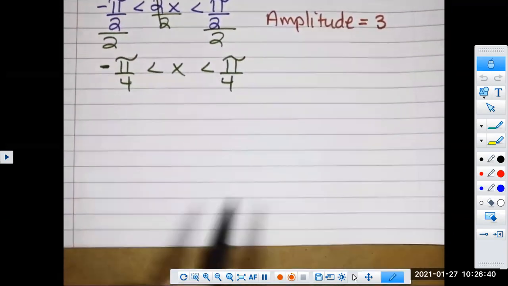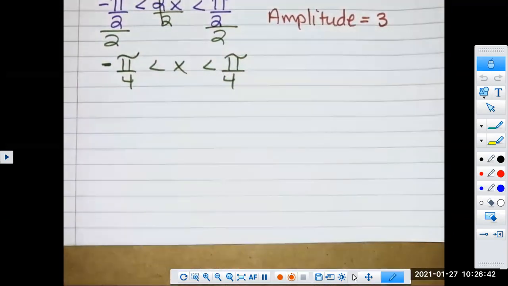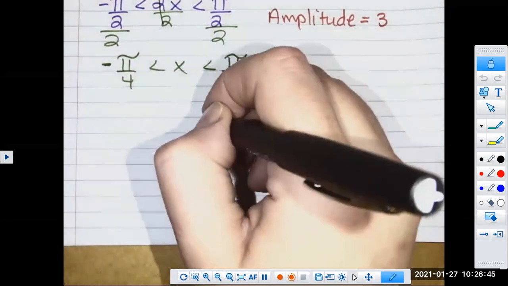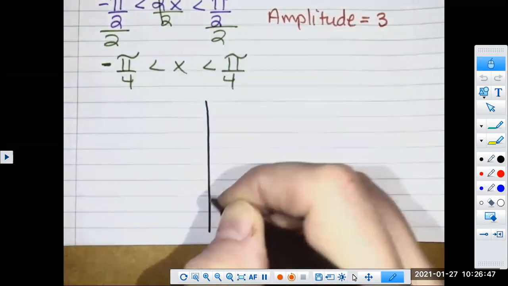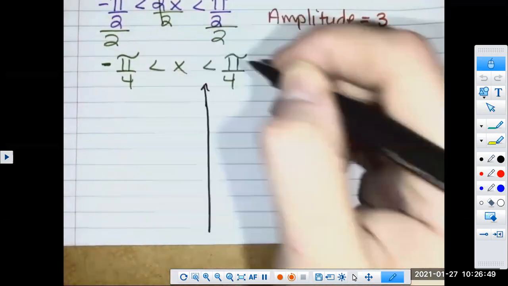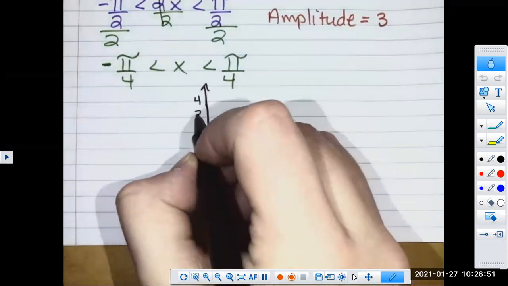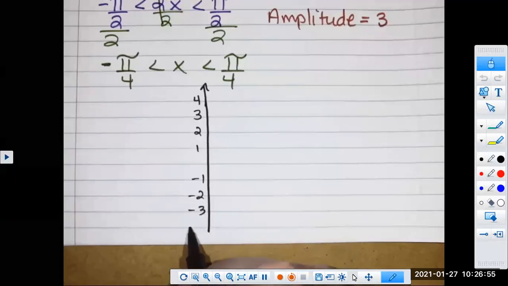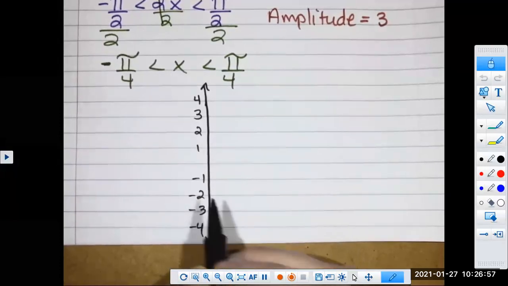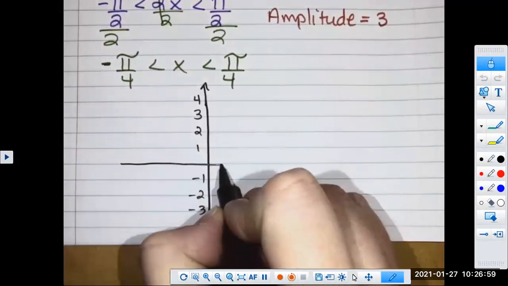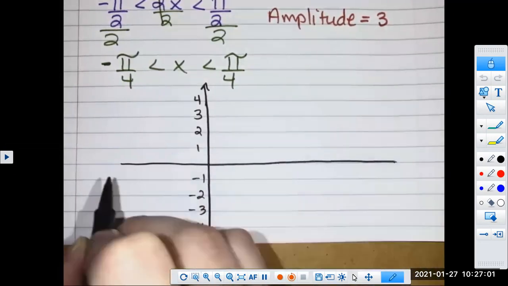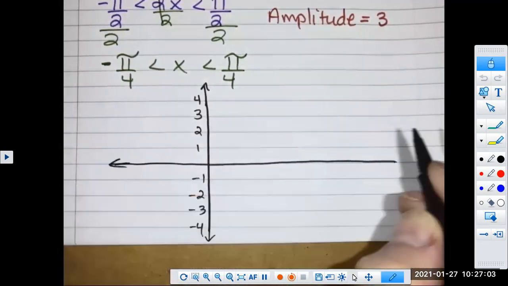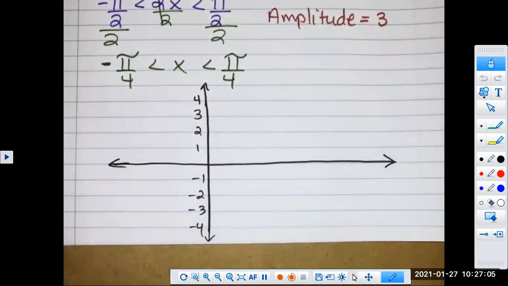So whatever you get for your asymptotes, just go by that. And you need some definitely in the negative direction and the positive direction.